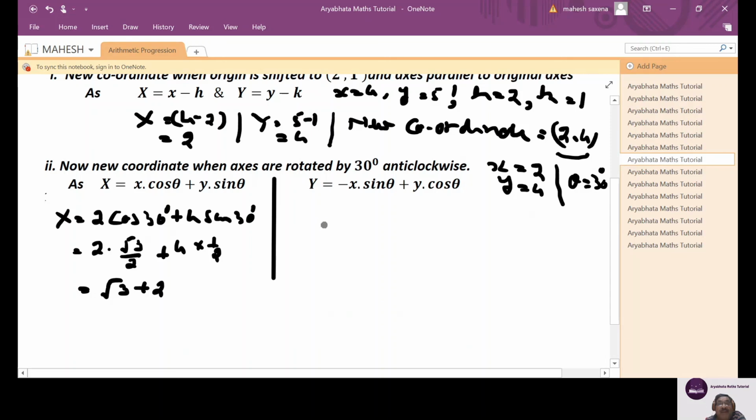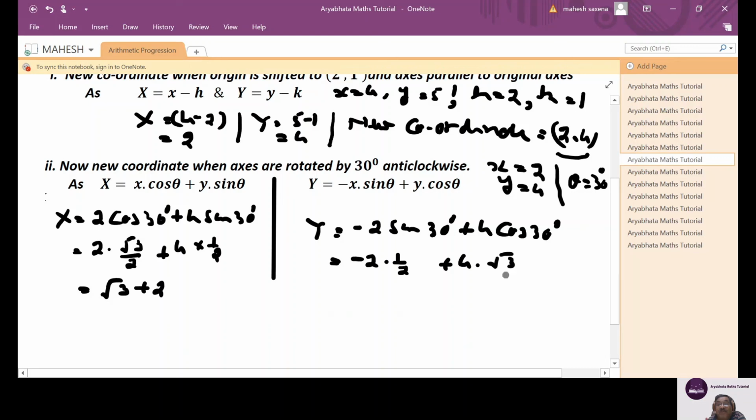Similarly, capital Y is equal to minus x sin theta, where x is equal to 2, that is minus 2 sin 30 degrees, plus y cos theta, where y is 4, that is 4 cos 30 degrees. That is minus 2 times sin 30, which is 1 by 2, plus 4 times cos 30, which is root 3 by 2.